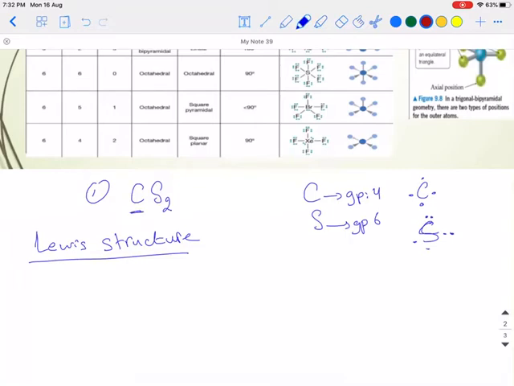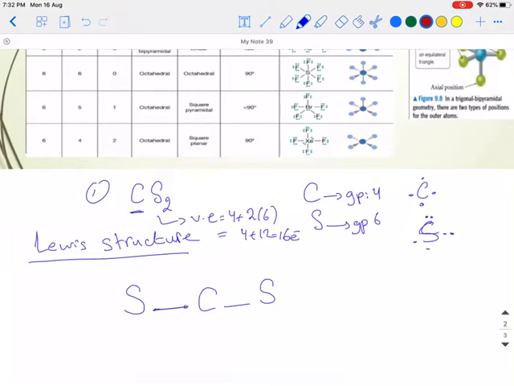Now, C is the central atom because, as you see, it has the lowest subscript. So I start by drawing single bonds. And then each one should reach its octet in order to be satisfied. First of all, let me also calculate the valence electrons, which is 4 plus 2 times 6, which is 4 plus 12, summing up to 16 electrons.